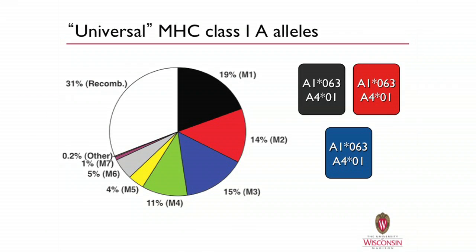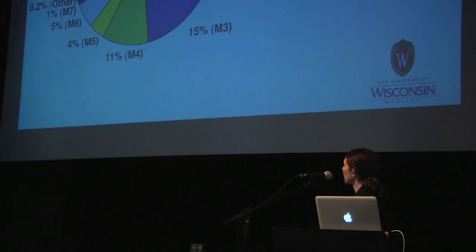Among these monkeys, they share some class 1A alleles. So the 3 most common haplotypes, the M1, M2, and M3 haplotypes, all have the same class 1A alleles. So we often refer to these as universal class 1A alleles, because if you look at most of the Mauritian cyno population, about 90% of the animals actually have 1 copy of one of these haplotypes.